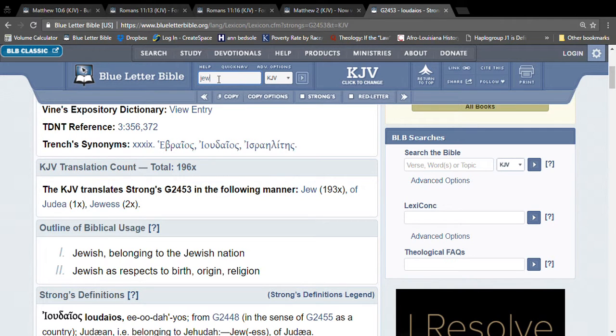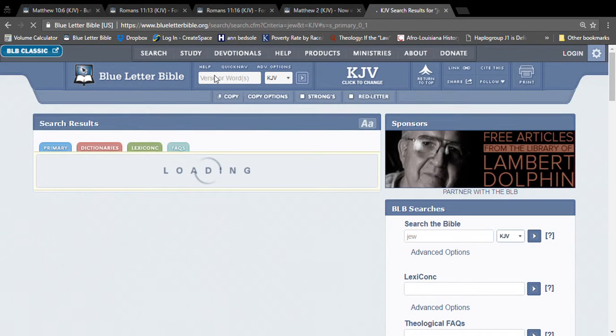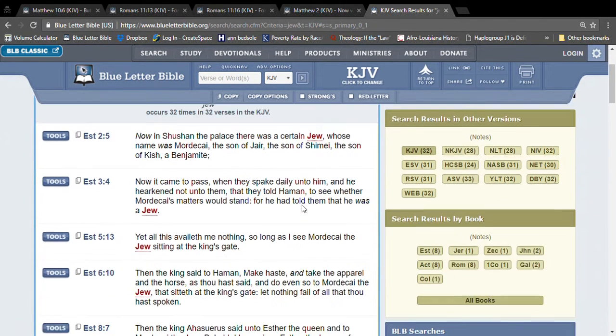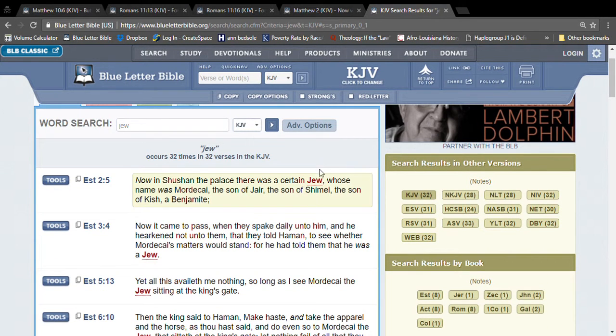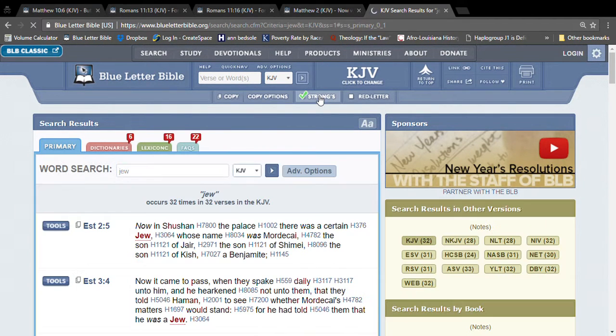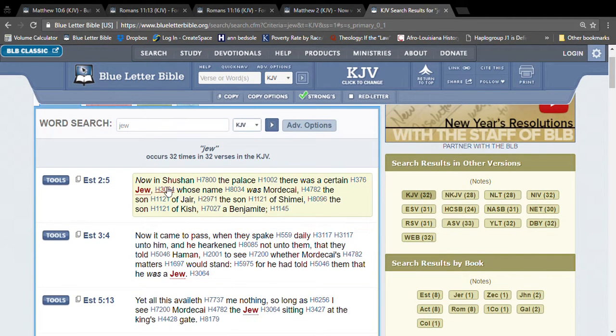All right, so we're going to search the word Jew in Blue Letter Bible so we can see what it meant originally in the Old Testament. And we see that it came up here, so we're going to use Strong's. Keep in mind that you can access the lexicon and several different tools by just clicking on the Strong's.